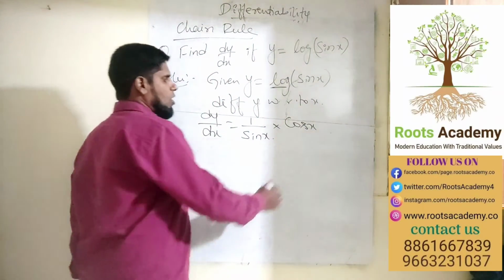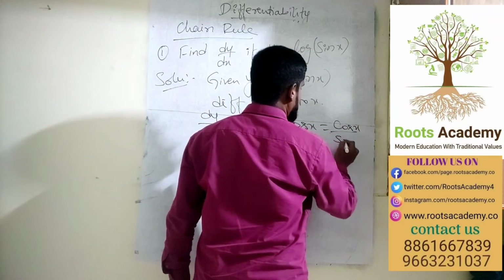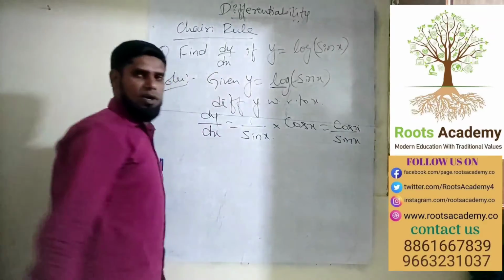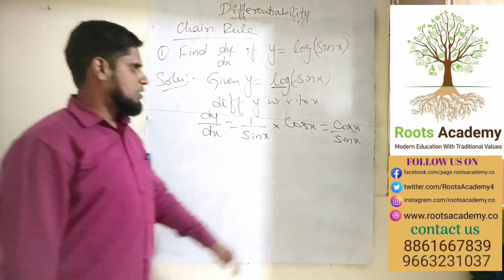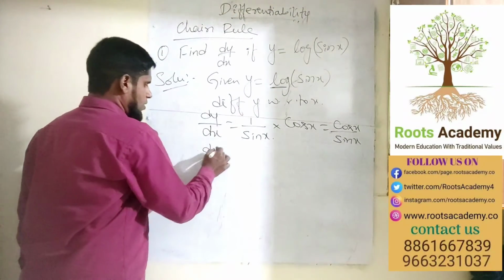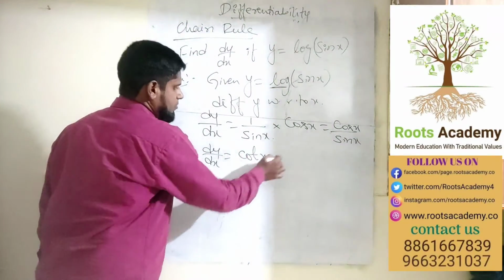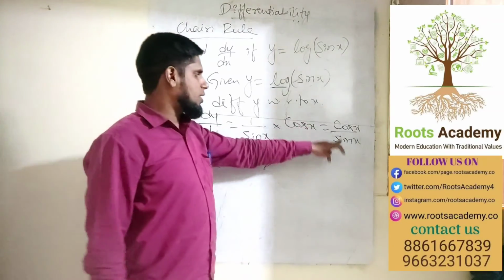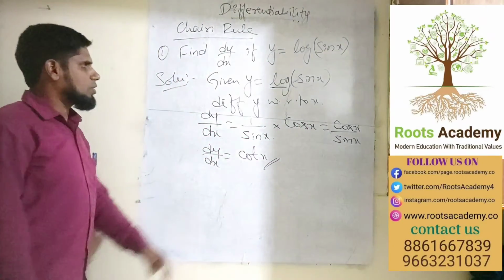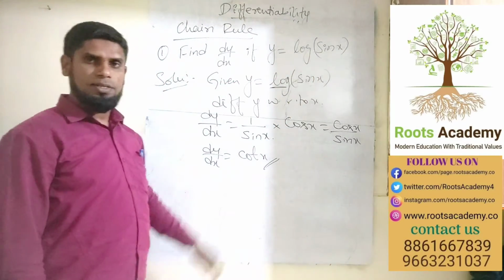Now 1 into cos x is cos x divided by sin x, and we know what is cos by sine. In first PUC trigonometry we studied these things. So our derivative will be cot x, because cos by sine is cot. So the derivative of the given function is cot x.